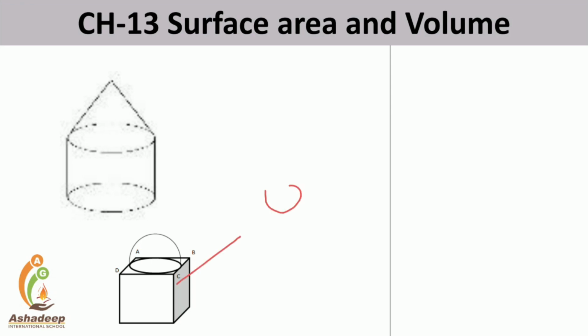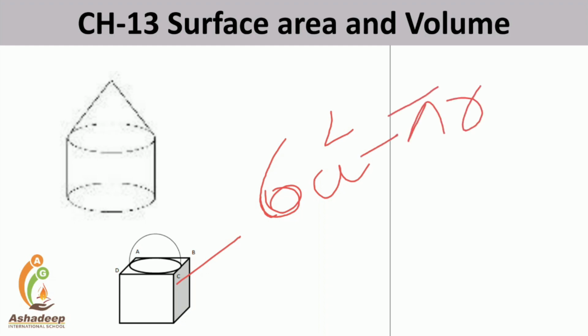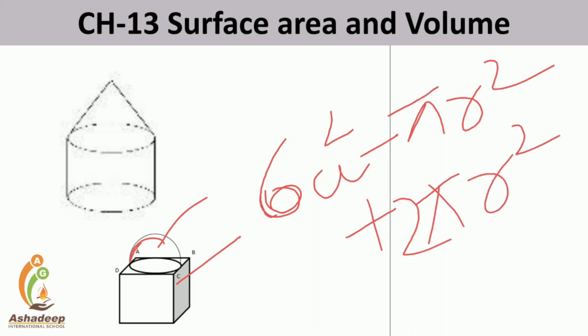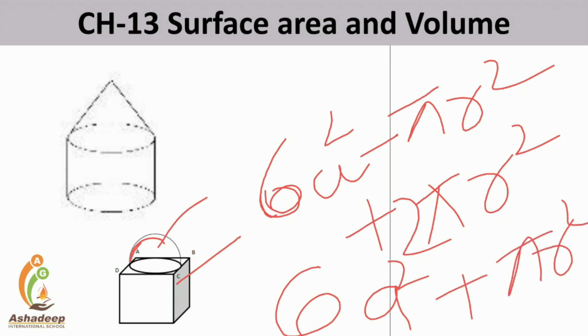So now 6a square minus pi r square. But this hemisphere is seen. So what about this hemisphere? We need to add that, and that is 2 pi r square. Now 2 pi r square minus pi r square is equal to pi r square. So 6a square plus pi r square, right?